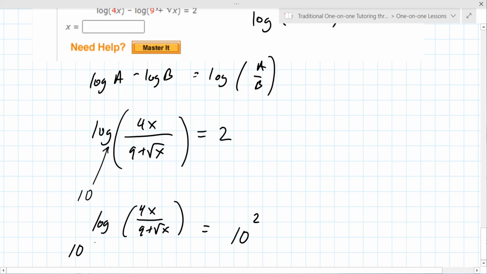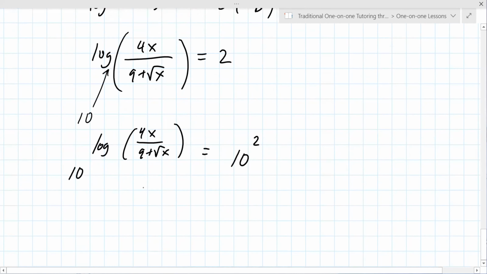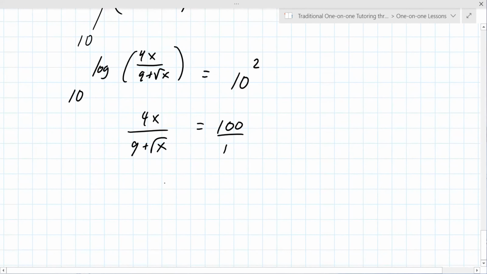You have to do it to both sides. If you don't, it becomes invalid. So on the left, it just undoes this. It's 4x over 9 plus square root of x equals 100. From here, you guys probably know how to solve this. You get 4x equals 900 plus 100 square root of x.